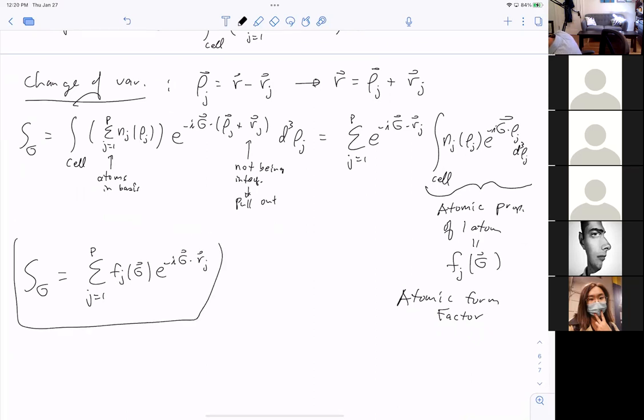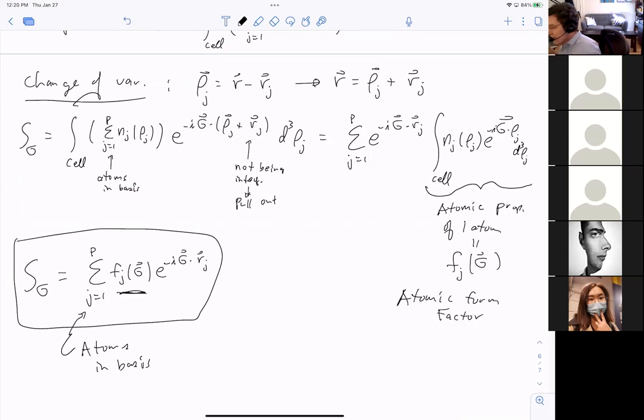And so this is a sum over the atoms in the basis, but each atom has its own atomic form factor. And so that quantity gives you the intensity of the beam at G, and that shows you how it depends on the different atoms in your basis.